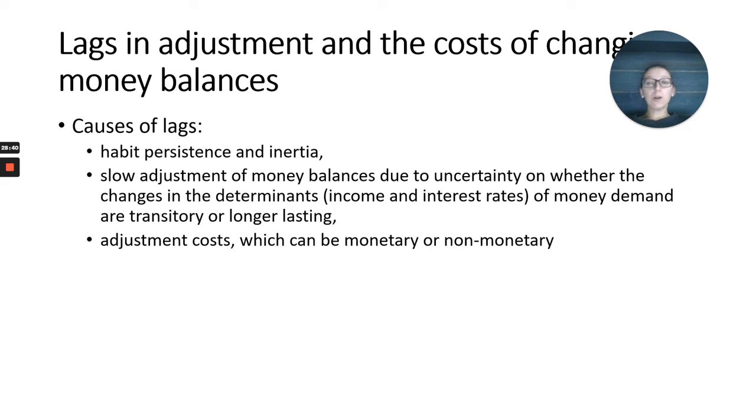The third reason for a lag is adjustment costs. Again, for people, when income or interest rate changes, adjusting their demand for money might be costly. There might be monetary as well as non-monetary costs, which are linked with rethinking their decision, maybe with withdrawing money more often, or whatever.